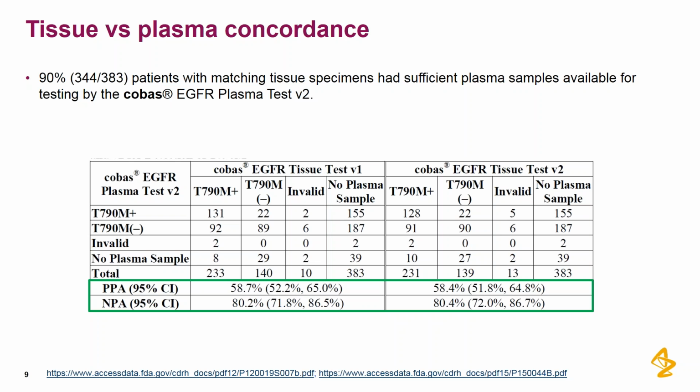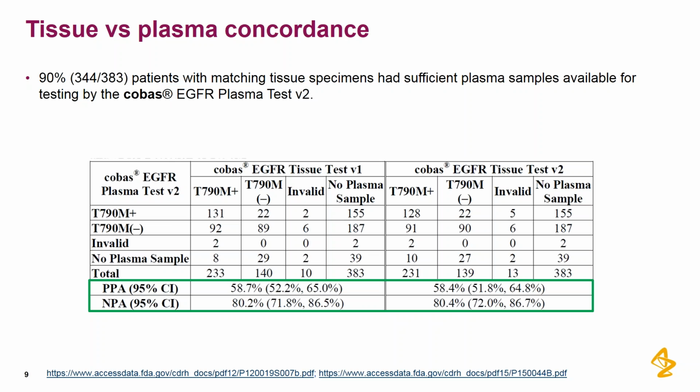The first thing we did was compare the tissue data, which is in the columns, with the plasma T79M result, which is in the rows. Here we can see that the PPA and the NPA are approximately 60% and 80%. These results exclude the invalid and the no plasma samples.